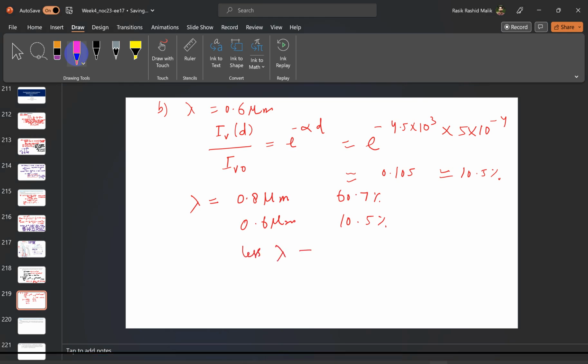Less wavelength means higher E equal to h nu. If it is greater than the band gap, it means more absorption. So I hope this is now clear about the optical absorption.